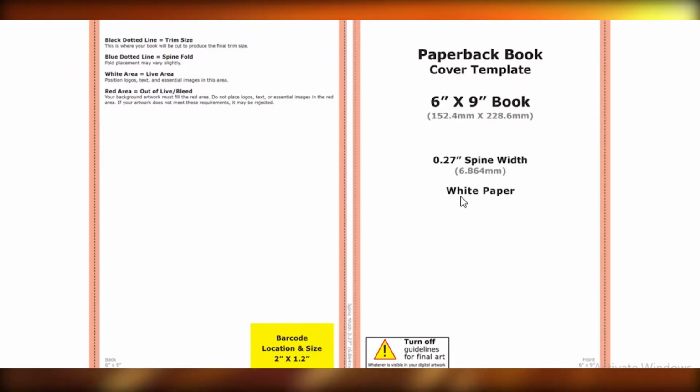Now for this example, we're going to calculate our book cover template. We're going to calculate its width, and then its height. The width is 6 on the front, 6 on the back, and then we have a 0.27 spine. You're going to add the spine width, depending on the amount of pages you add, and then you're going to add your bleed.